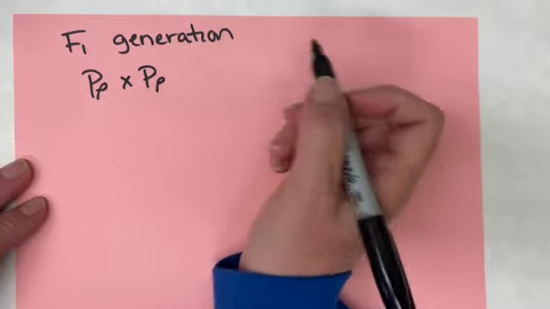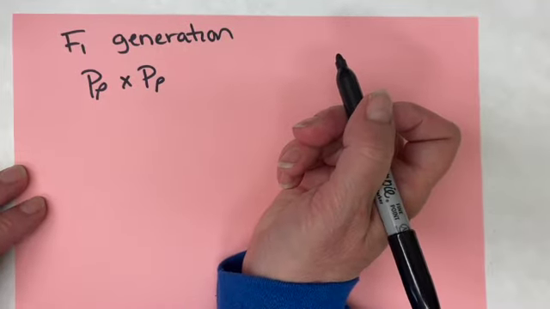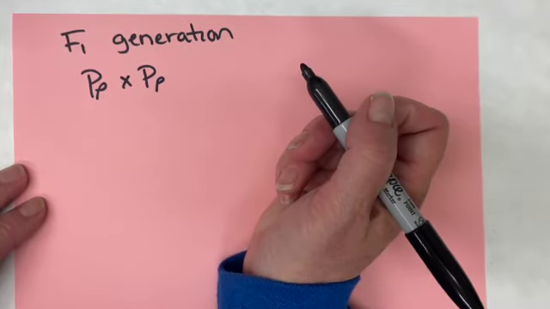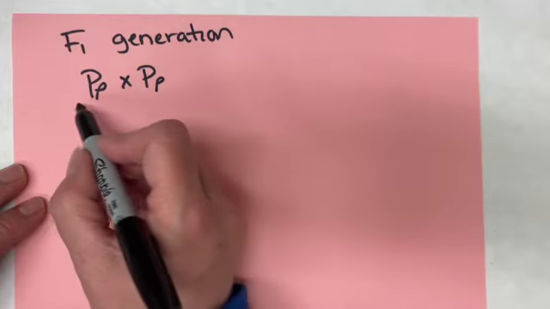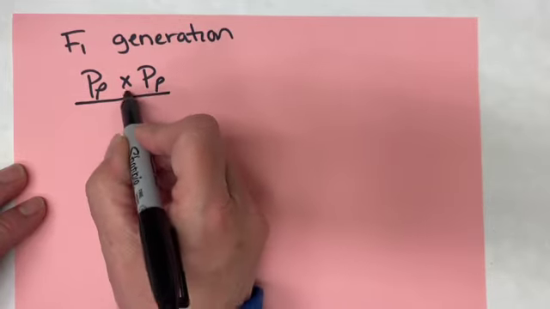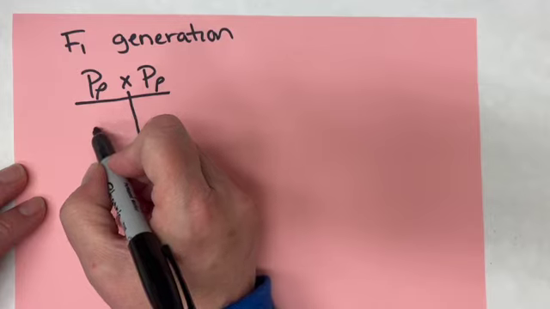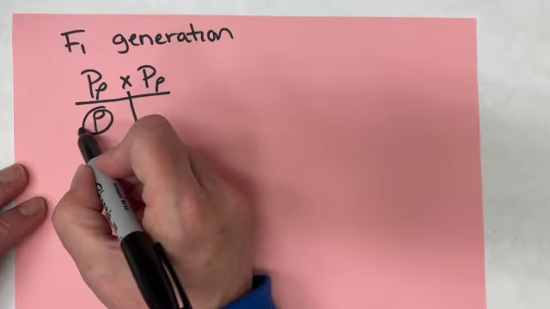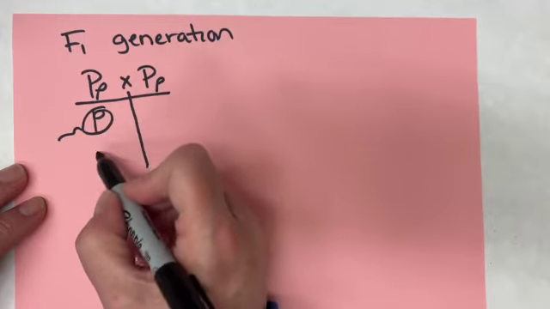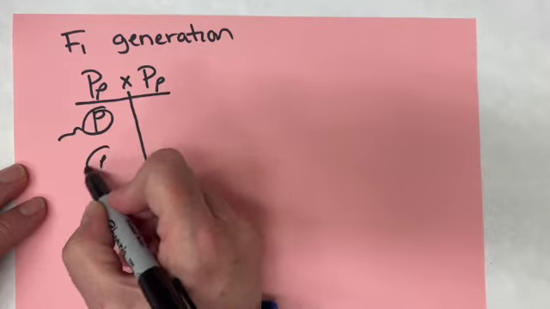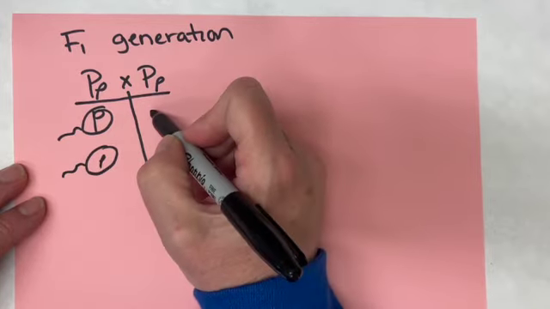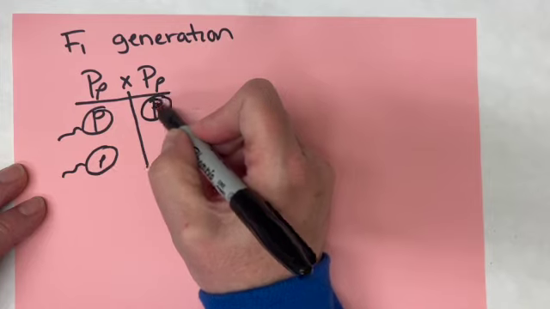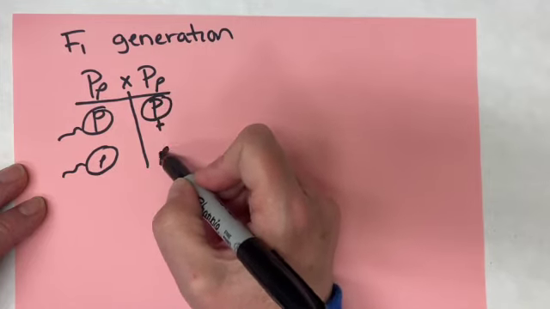So we're just crossing those 2 heterozygotes together. They would have been siblings in Mendel's crosses. He would have taken 2 siblings. And we're going to do that table of gametes again just to show what meiosis looks like. So that's a capital P, and here's a lowercase p. And the same thing for the eggs, a capital P and a lowercase p.